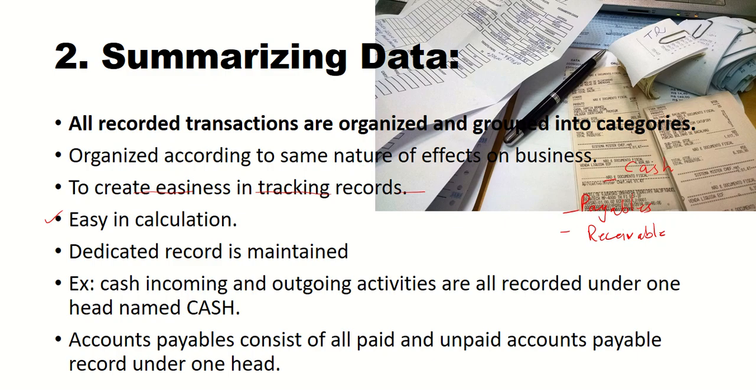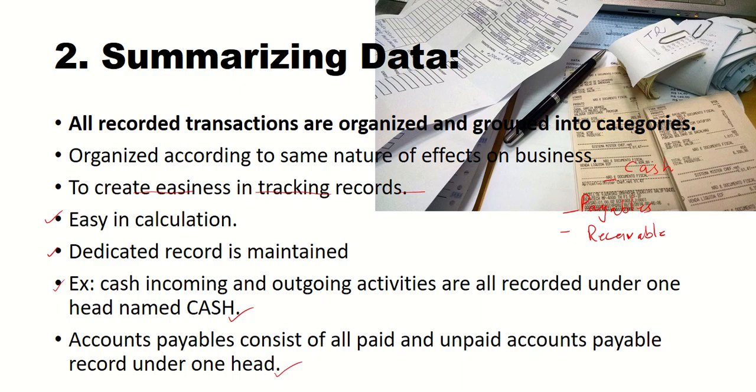Maintaining records helps in coming back and checking on all the items because it's dedicated in nature. For example, cash incoming and outgoing activities are all recorded under one head named cash, with the specific dates. And accounts payable consist of all the paid and unpaid payables recorded under one head.